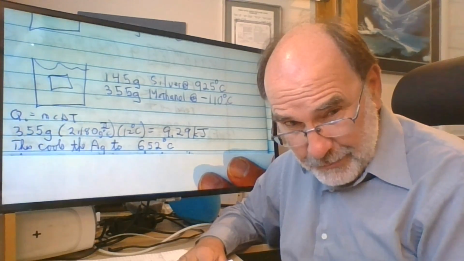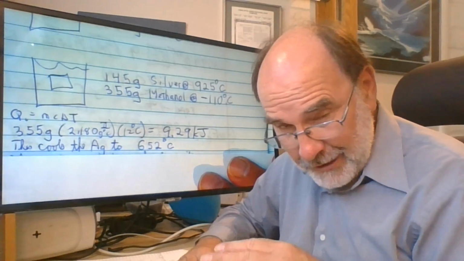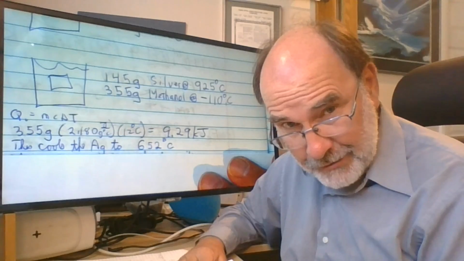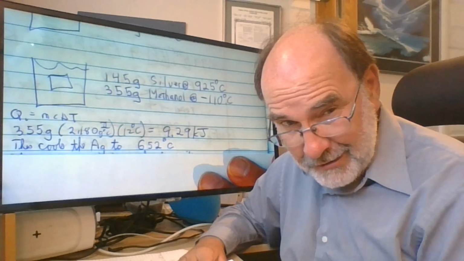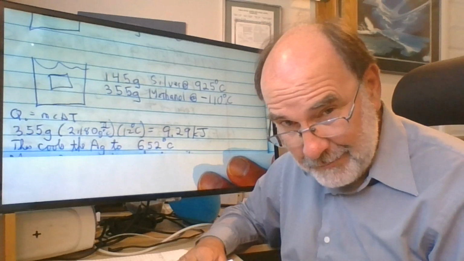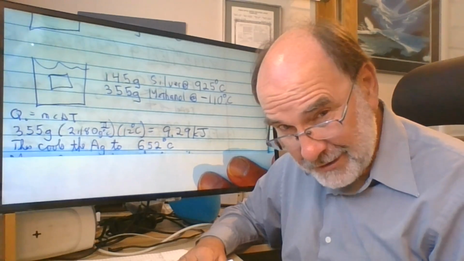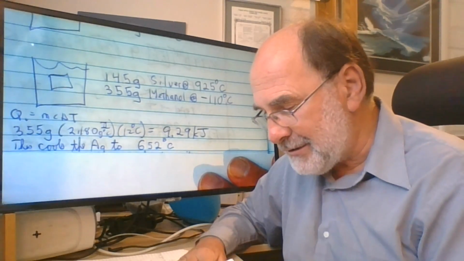I calculated this would cool the silver from 925 degrees all the way down to 652 degrees. So, wow, almost a 300-degree temperature drop of the silver just to increase the temperature of the methanol by 12 degrees. So, pretty stark difference between these.